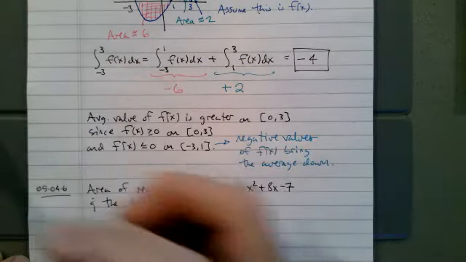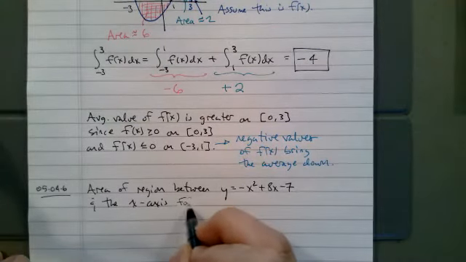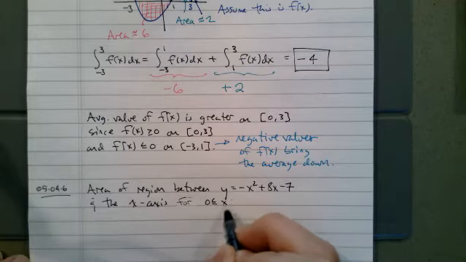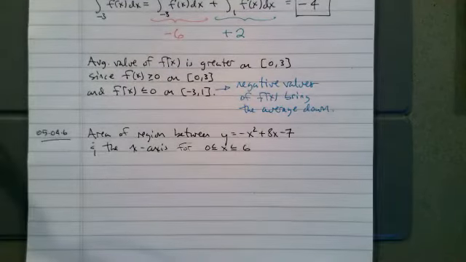Oops, I spelled 4 incorrectly. So what we'll want to know is, since we're finding the area, we're going to want to make sure any negative area that shows up becomes positive, because that counts as area and it shouldn't be counting against the rest of the graph.